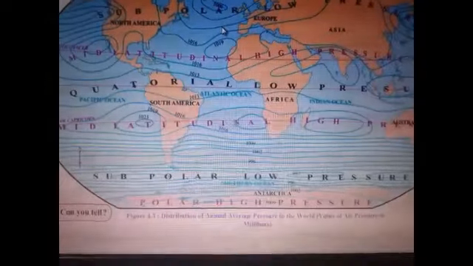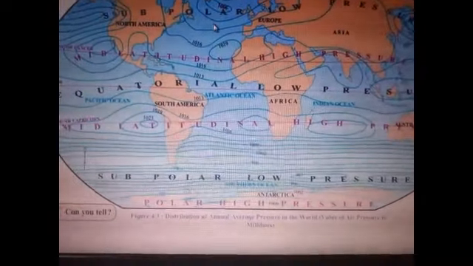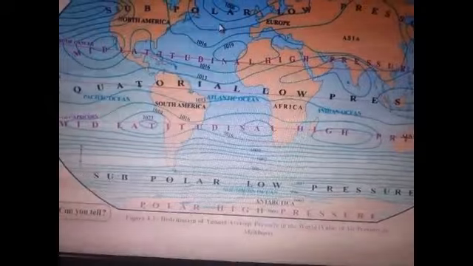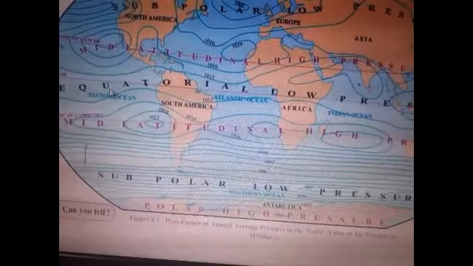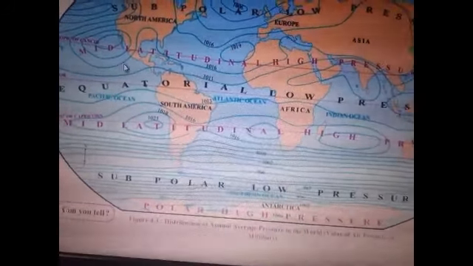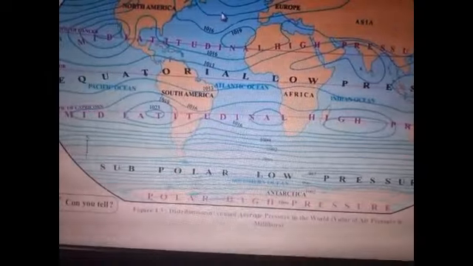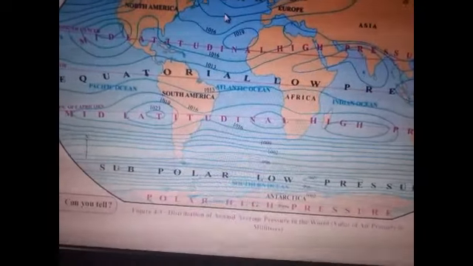They are further away from each other in the land area, whereas in the oceanic part they are closer to each other.